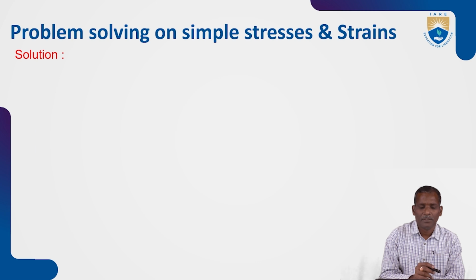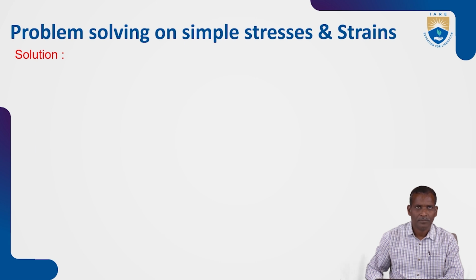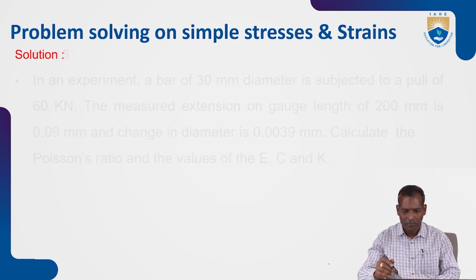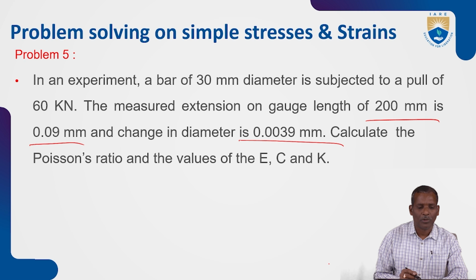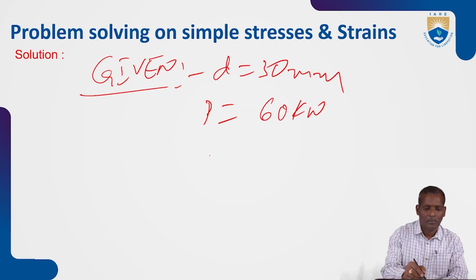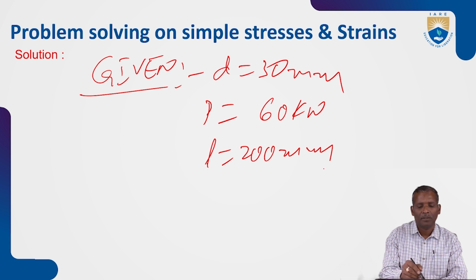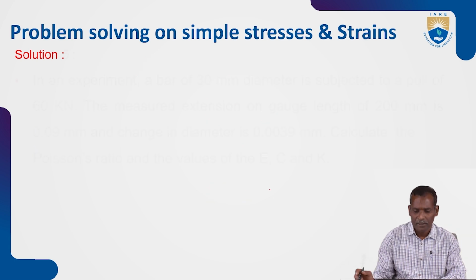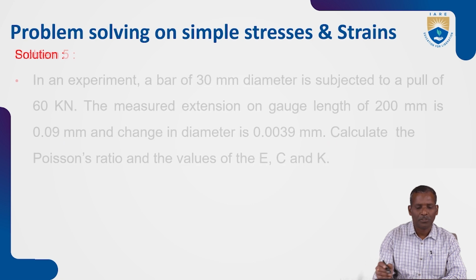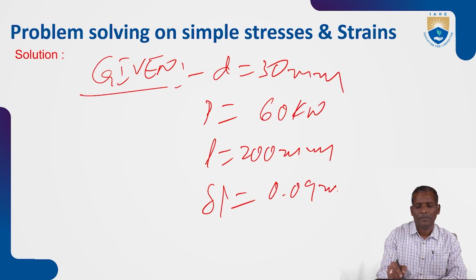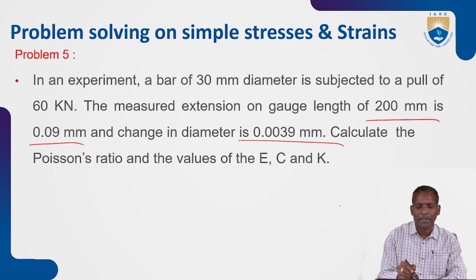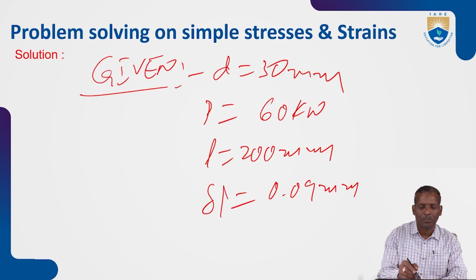The gauge length is 200 mm, the change in length is 0.09, and the change in diameter is 0.0039.